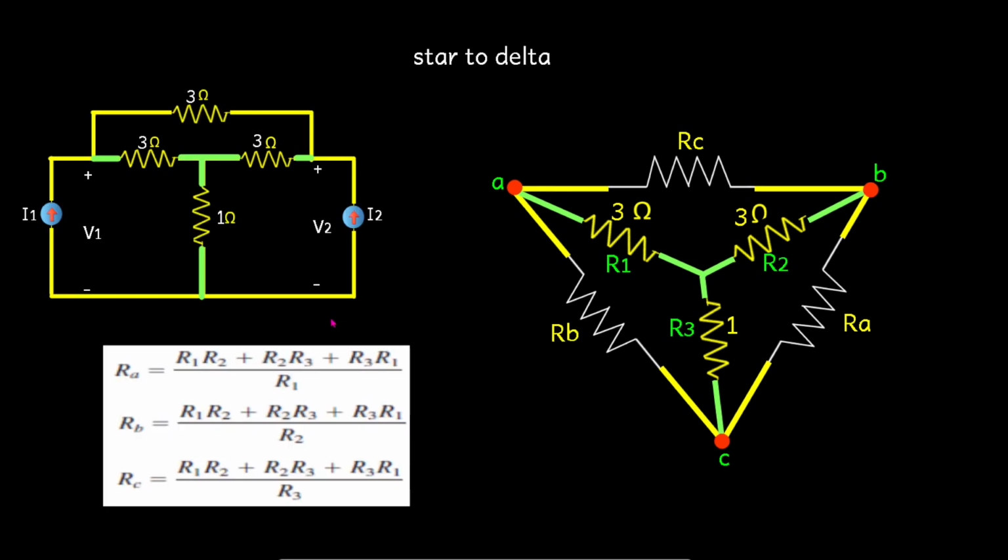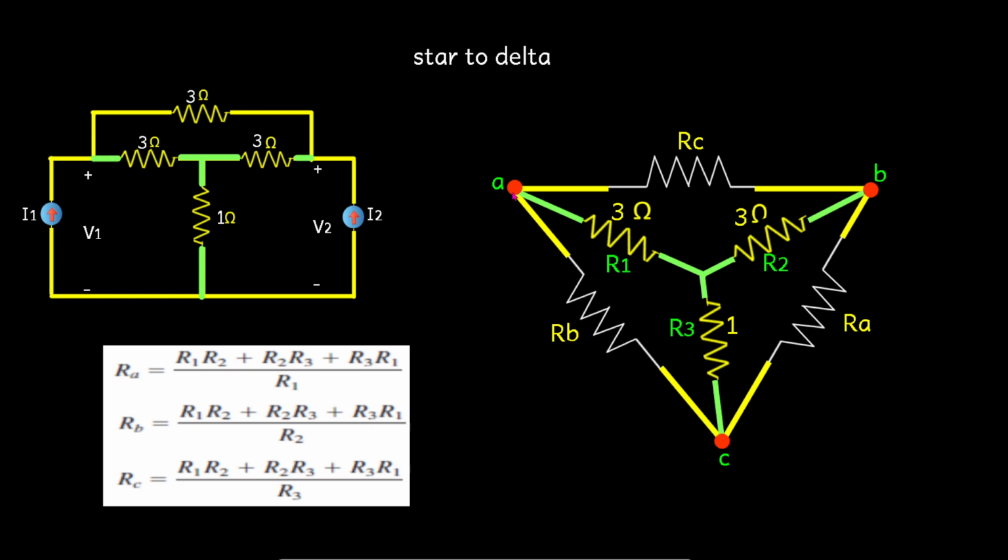Just the formula is sufficient. We know that this RA resistance can be found using this formula: R1 R2 plus R2 R3 plus R3 R1, divided by R1. We have to consider any ohm as R1, otherwise we'll mention the names of the resistances like R2 and R3.